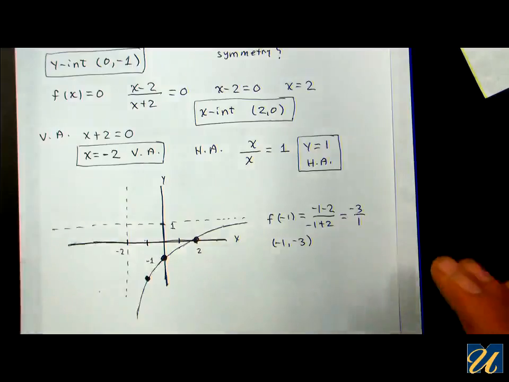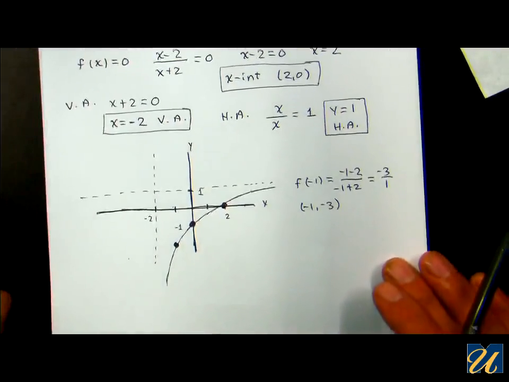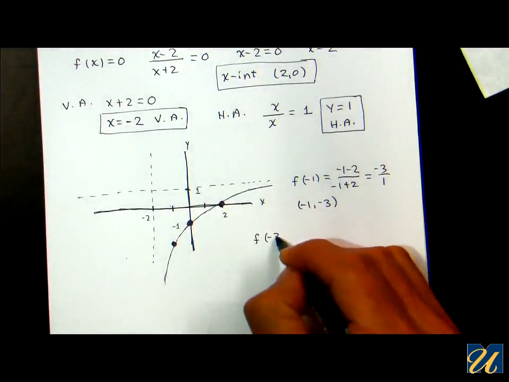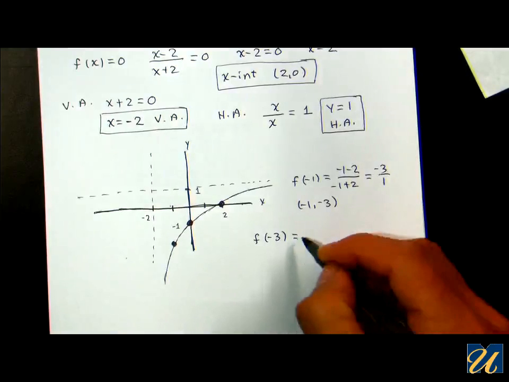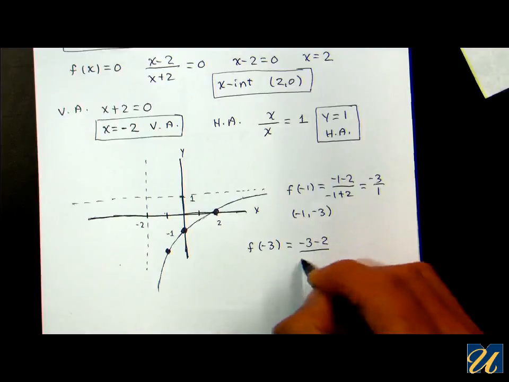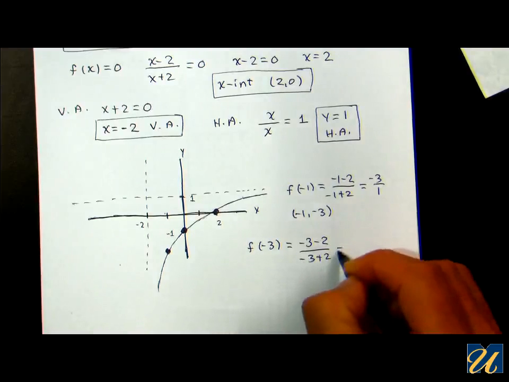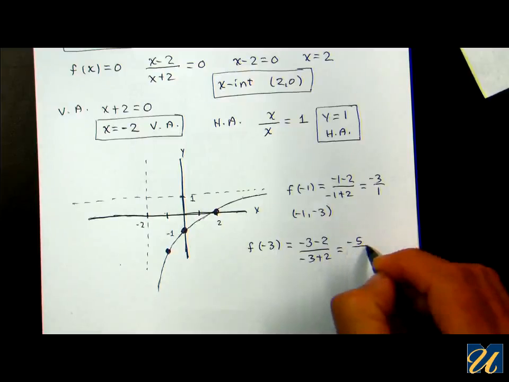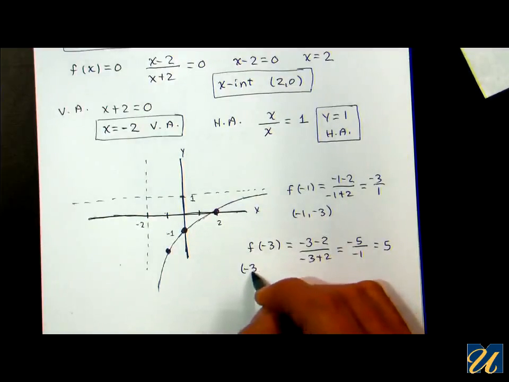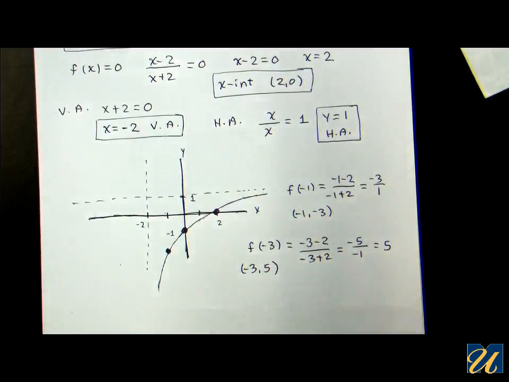Well, that's where some point plotting is a smart thing to do. So let's do f of negative 3. That would be negative 3 minus 2 over negative 3 plus 2, or negative 5 over negative 1, or 5. So that's (-3, 5).